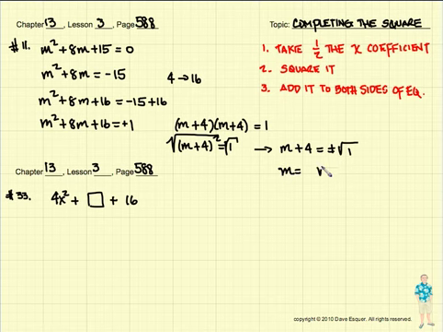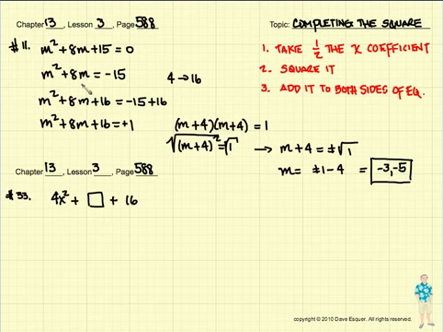And m turns out to be plus or minus 1, take away 4. Those two answers turn out to be 1 minus 4 is negative 3, and negative 1 minus 4 turns out to be negative 5. So those are the two solutions for completing the square in problem number 11.